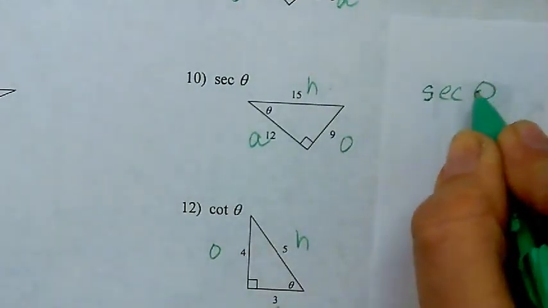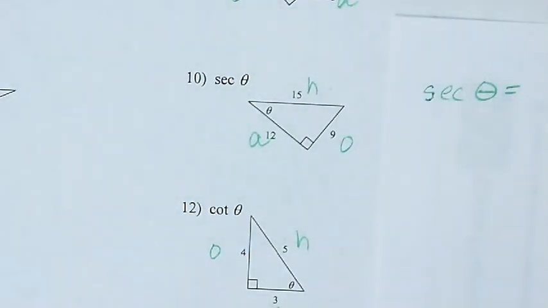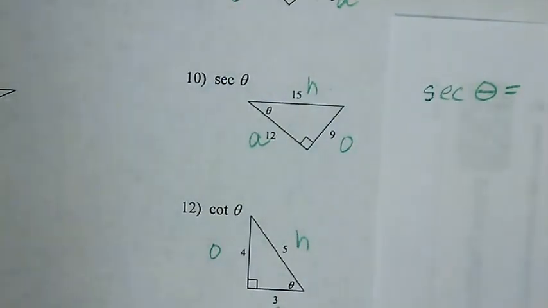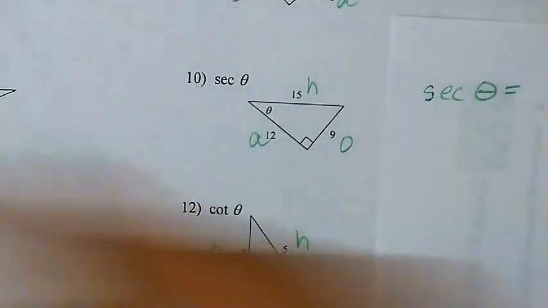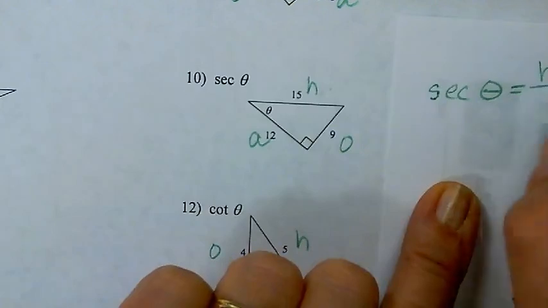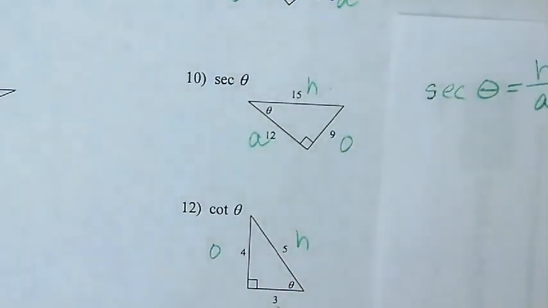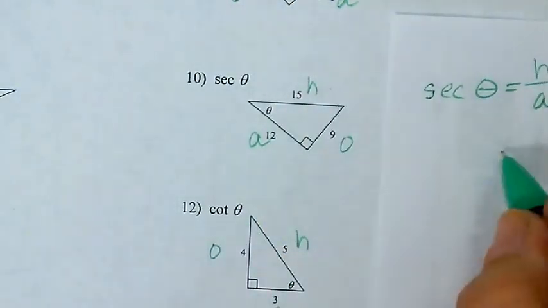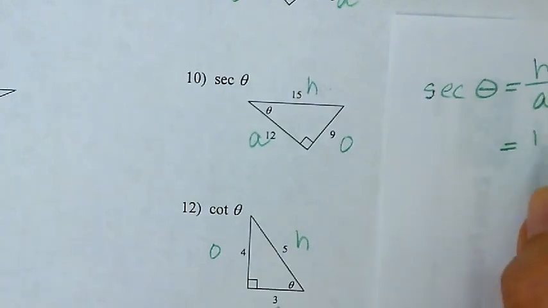What is the secant equal to? Which sides? Hypotenuse over adjacent. So if we look at these numbers, hypotenuse is 15, adjacent is 12.